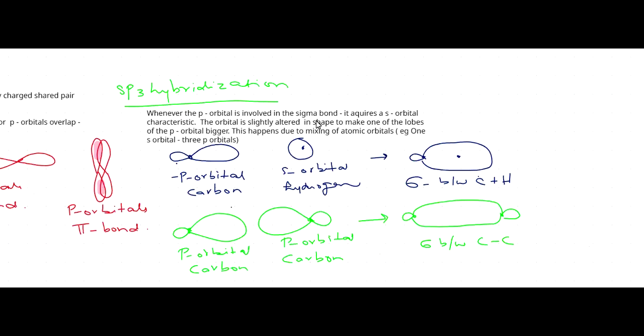So we can have one s orbital and three p orbitals, one s orbital and two p orbitals, one s orbital and one p orbital. We can see different kinds of hybrids. Based on that, the bond length, the bond strength, all of these features of the bond are going to change based on the hybridization.